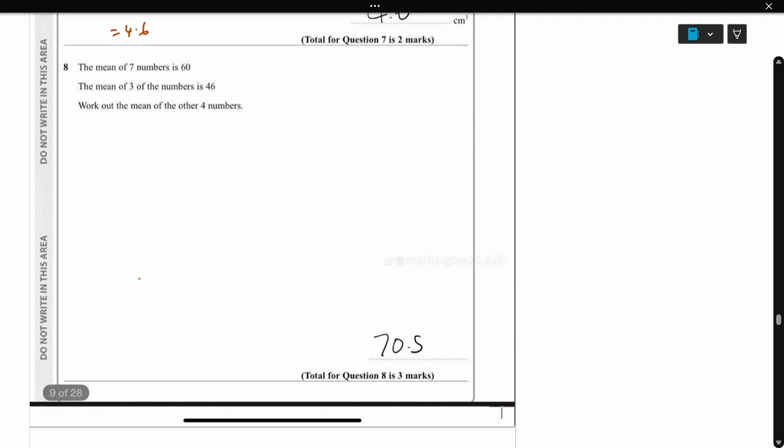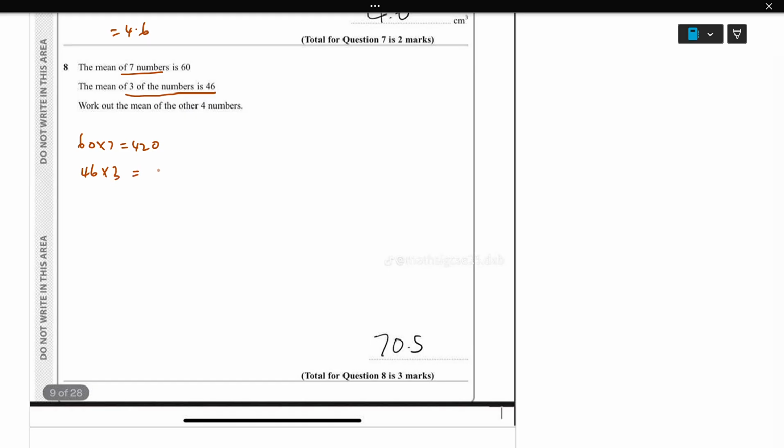And next, the mean of 7 numbers is 60. So the sum is 60 times 7, which is 420 for 7 numbers. Next, the mean of 3 numbers is 46. So the sum is 46 times 3 equal to 138.